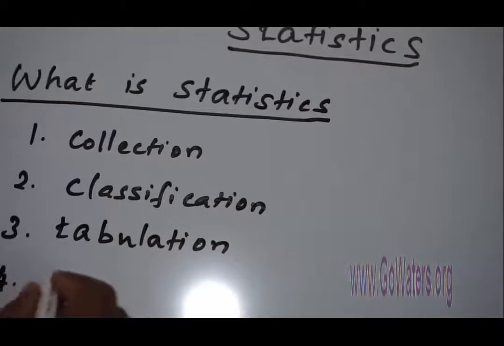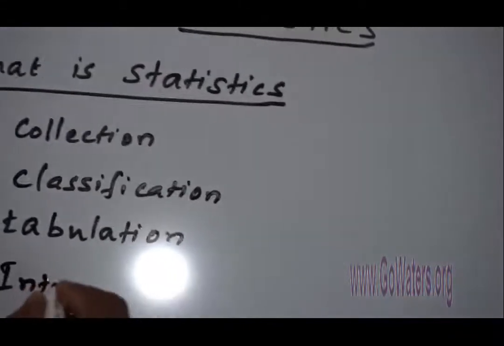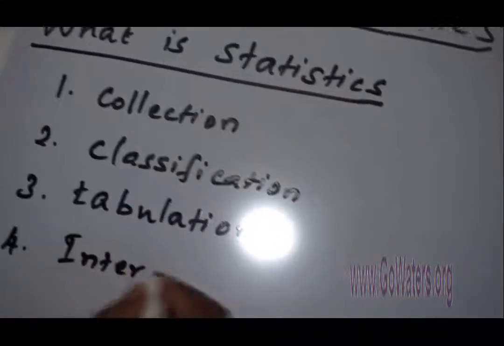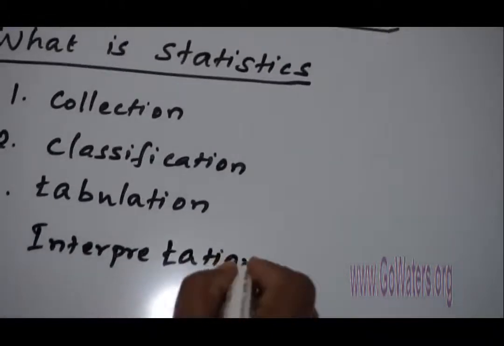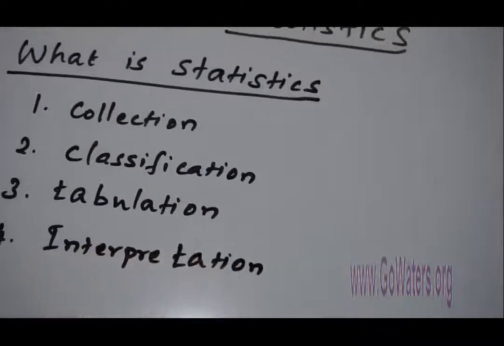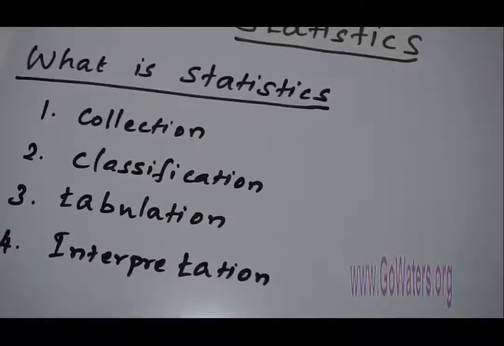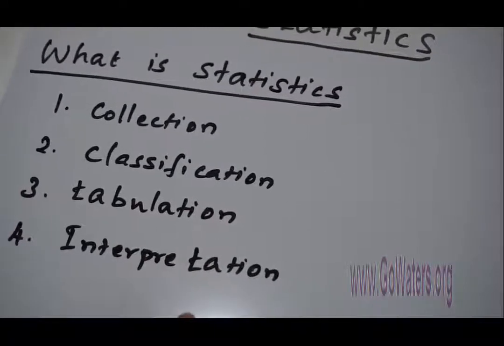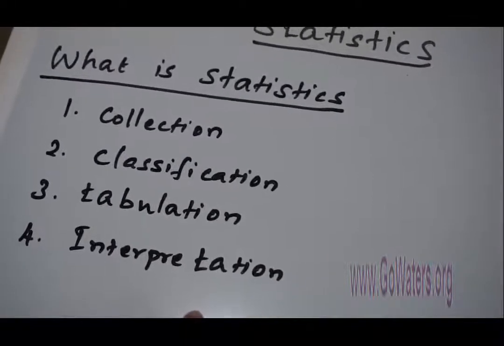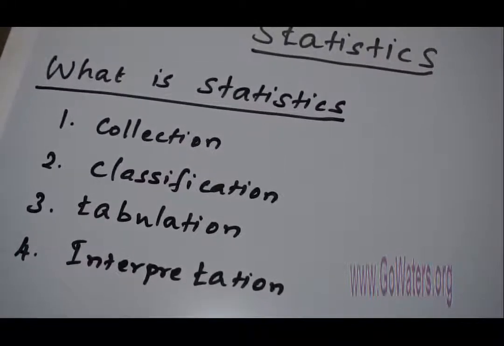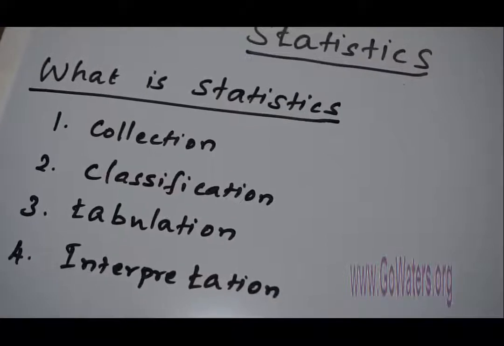And fourth is interpretation. So when you do all these things, we call that as statistics. So each stage we have to give a very careful attention how we are collecting the information.